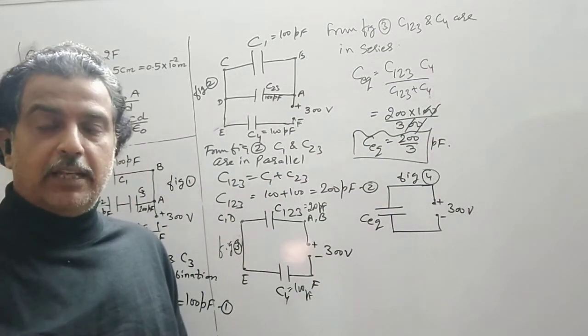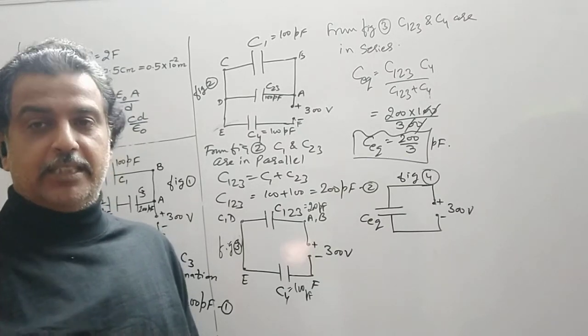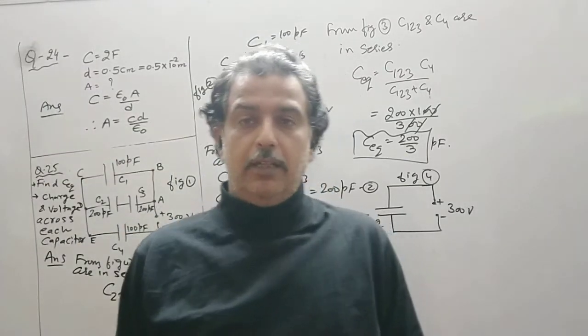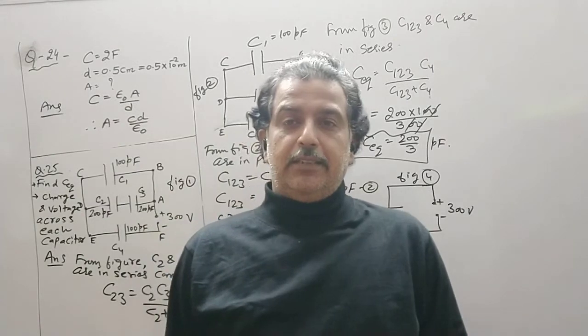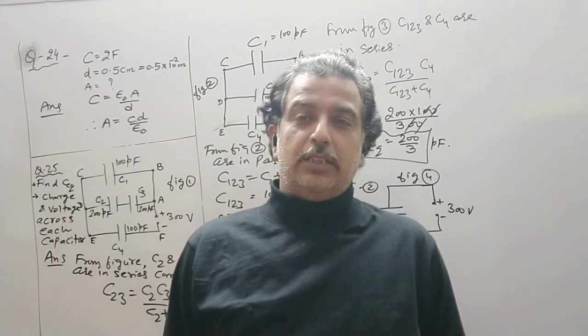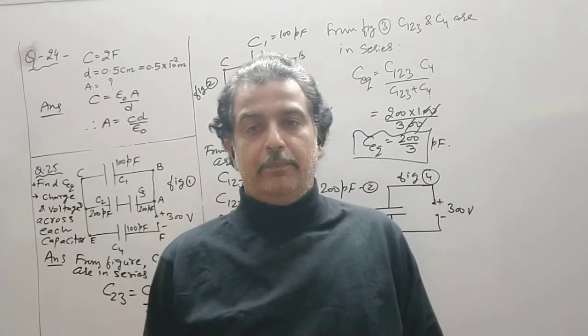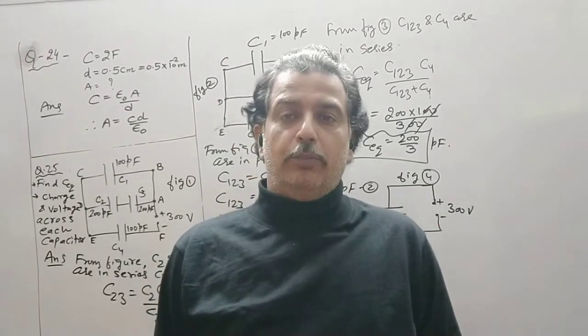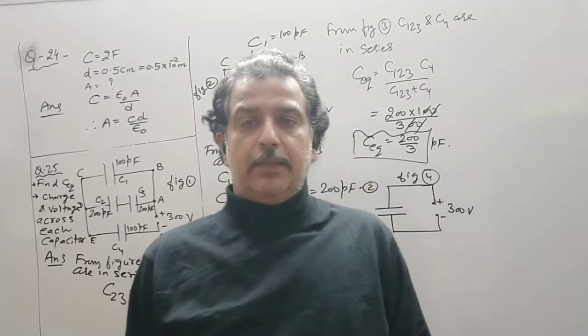So always refer the second last diagram and see whether they are in series or parallel. If they are in series, then you have to use the concept of a charge because charge remains same. And if it is in parallel combination, the voltage remains same.